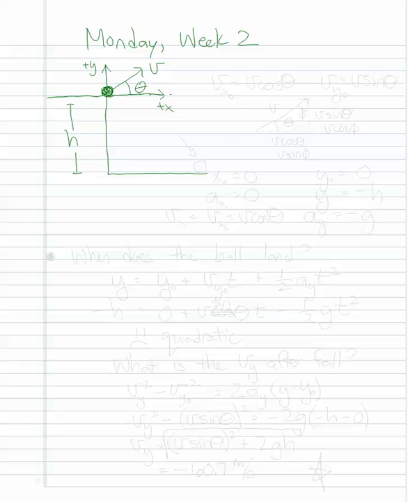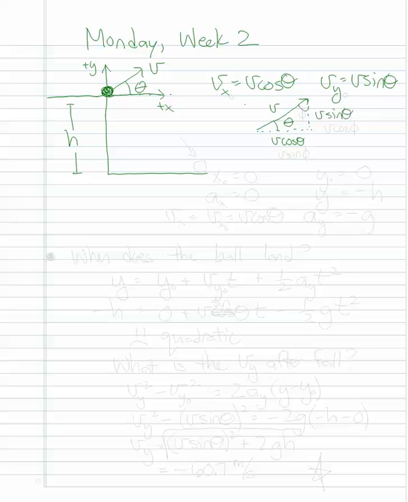So the first thing we know is the velocity, and we know that the velocity in the x direction is v cosine theta, and the velocity in the y direction is v sine theta. And I'm going to check, yes indeed they are both in the positive direction, positive to the right and positive up. I just want to remind you how I know that: I have a triangle here with hypotenuse v, and the two vectors that sum to make v are the components, if that angle's theta, so cosine theta and sine theta.